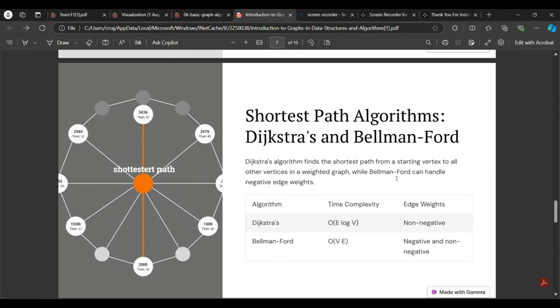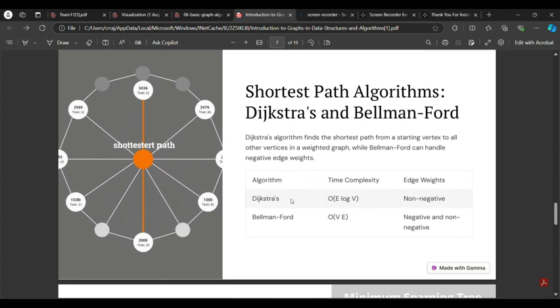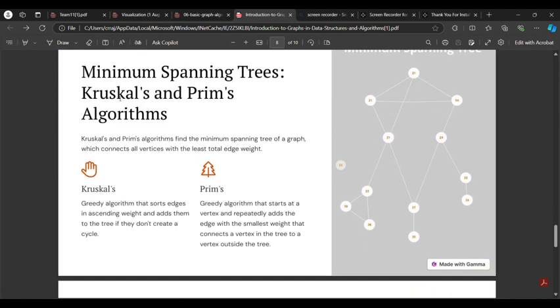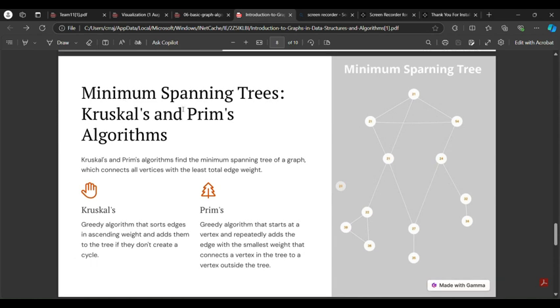Next slide is minimum spanning trees, Kruskal's and Prim's algorithms. Kruskal's and Prim's algorithms find the minimum spanning tree of a graph while connecting all vertices with the least total edge weight. Kruskal's is a greedy algorithm that sorts the edges in ascending weight and adds them to the tree if they don't create a cycle.